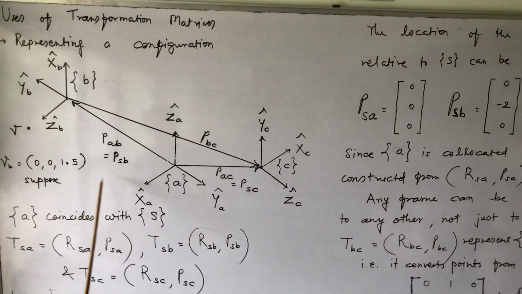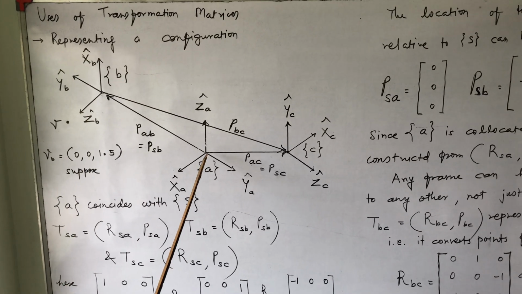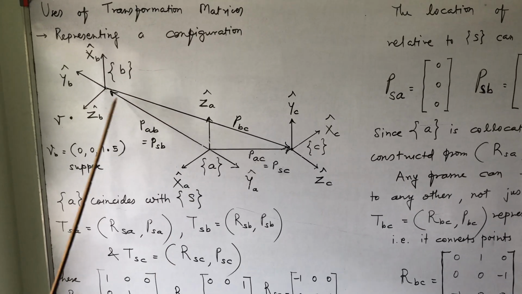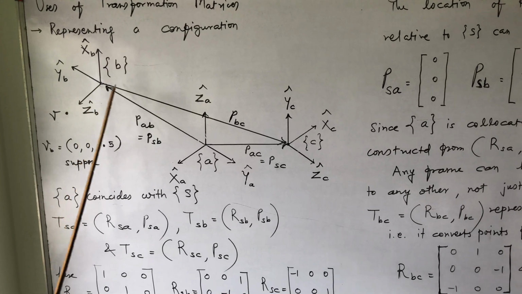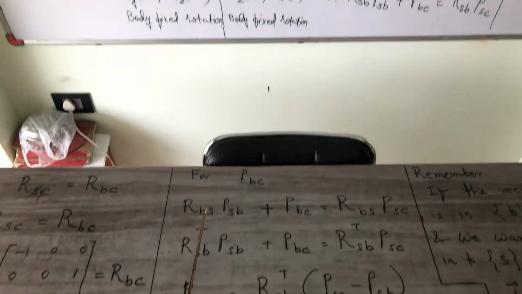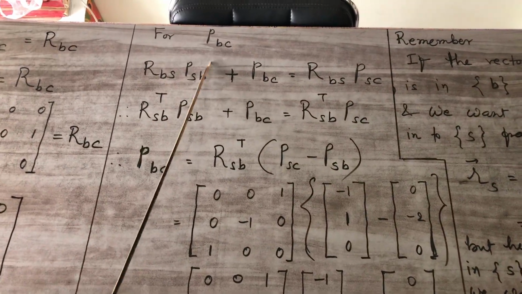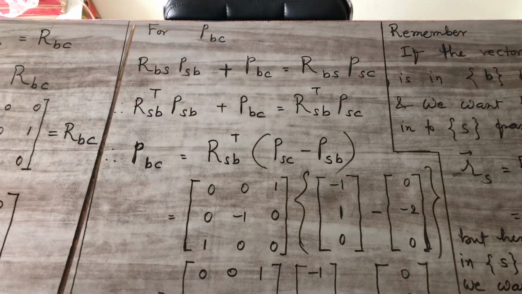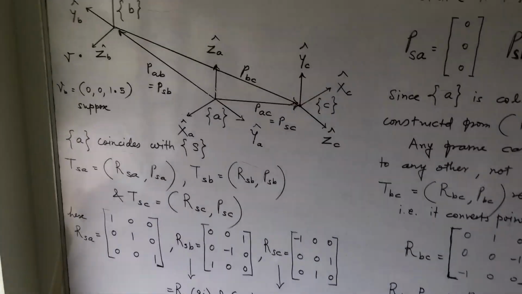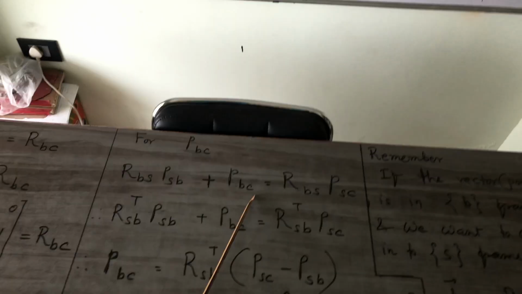But we have to consider all the vectors in body frame, this frame. Okay, this one is in S frame. So converting this vector into B frame, we have to multiply R_BS with P_SB, S and S cut out. So this vector as a whole is in B frame, plus P_BC, which is already in B frame, equals this vector.